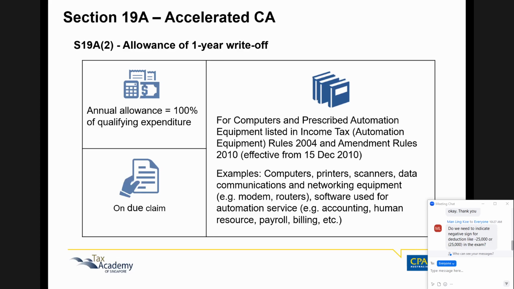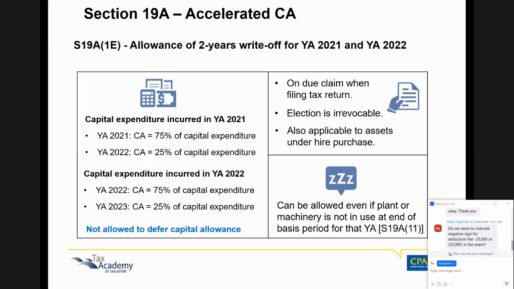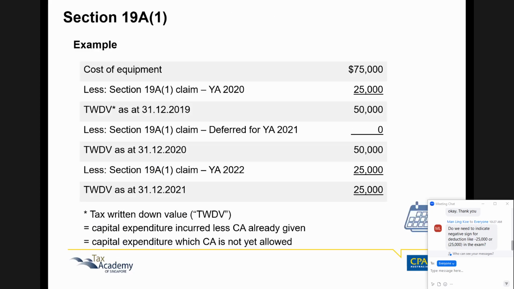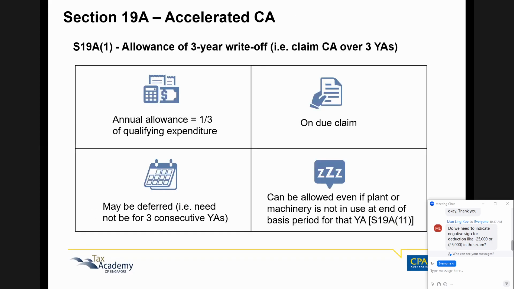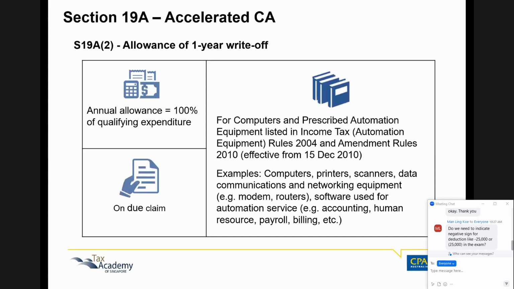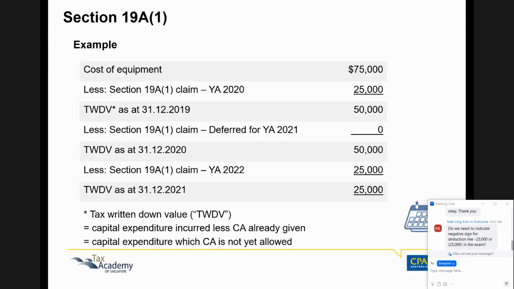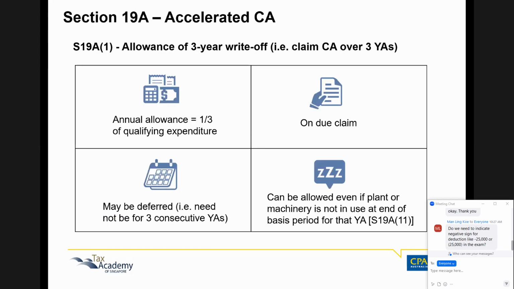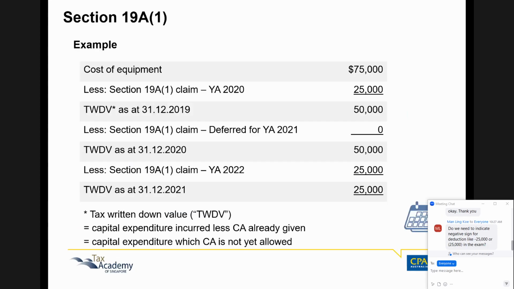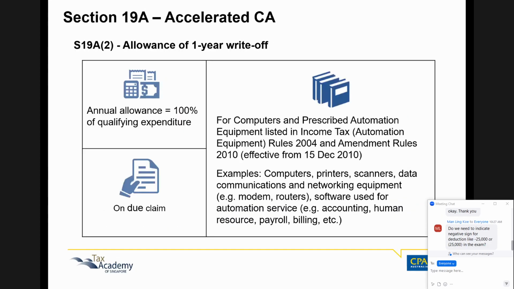You have a choice on this type of normal claims. But if it is not those computers and prescribed automation equipment, you don't have a choice of claiming 100%. Then it's more whether you are claiming 75% or the 1/3, 3-year write-off.